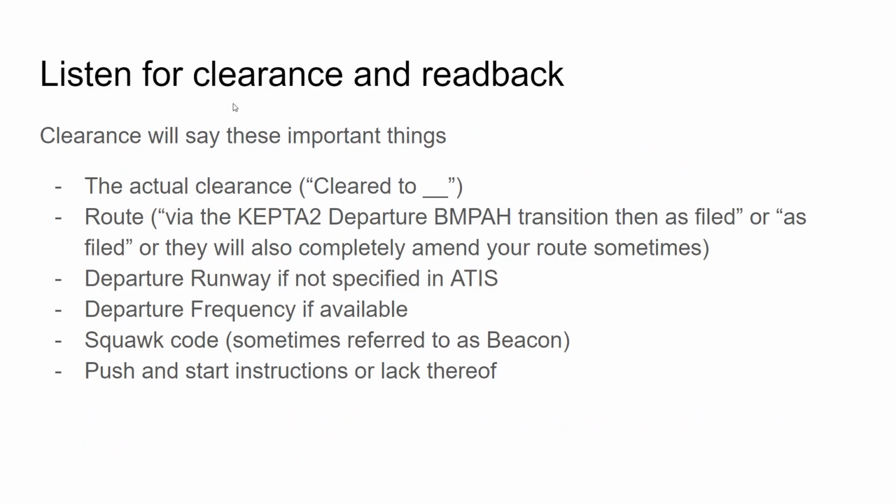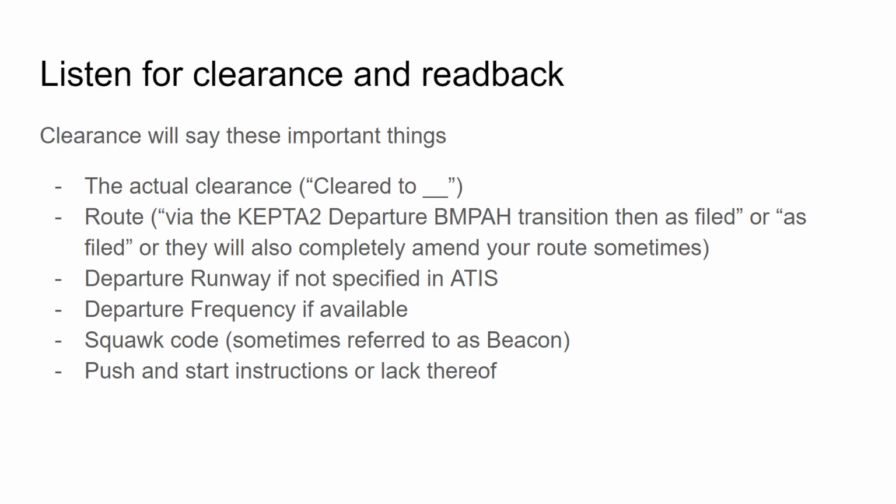All right, so they're gonna give you the clearance, and the clearance will go something like this. They'll say, Maple 7654 clear to Boston via the KEPTA 2 departure BIMPA transition, then continuous filed. Or they'll just say clear to Boston as filed. Or they'll give you a completely different route than you planned for.